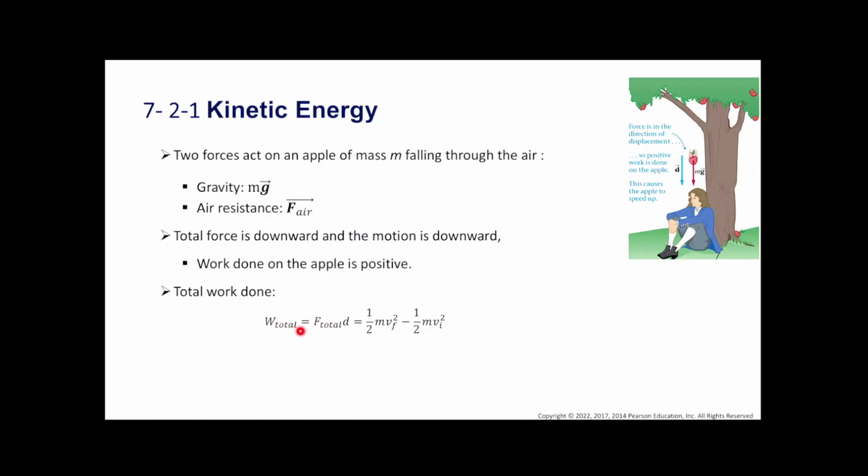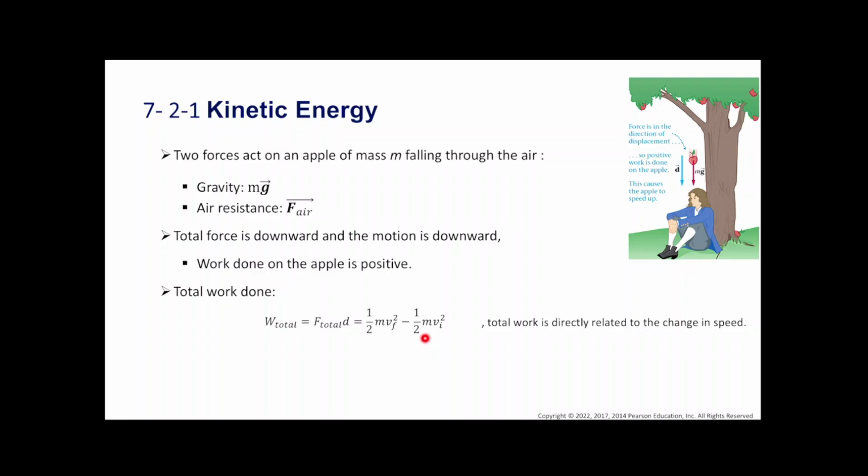W total is force times d, which is equal to half mass V final squared minus half mass V initial squared.